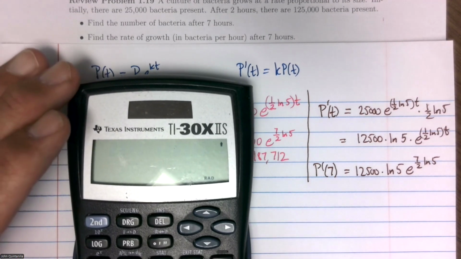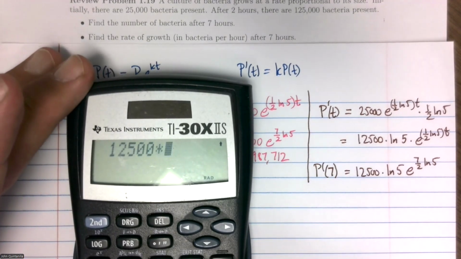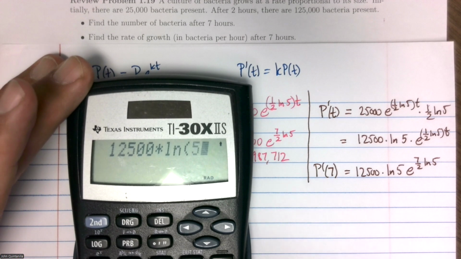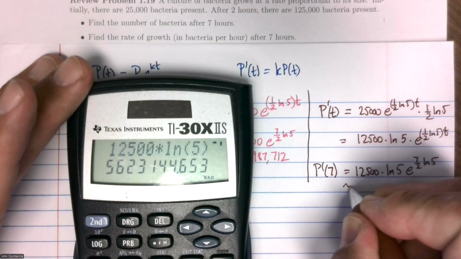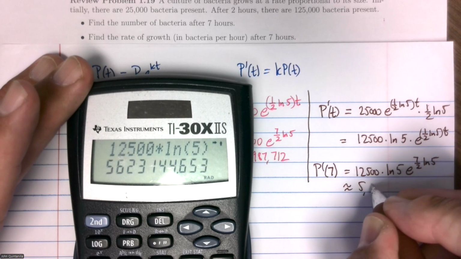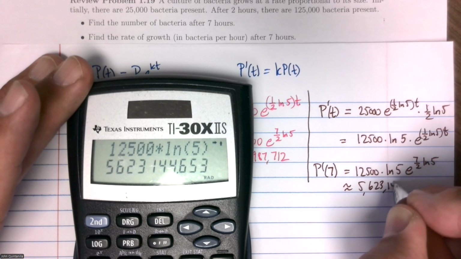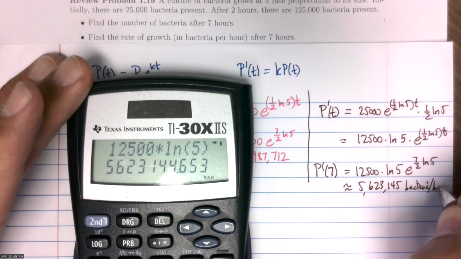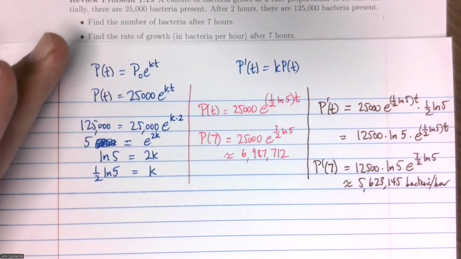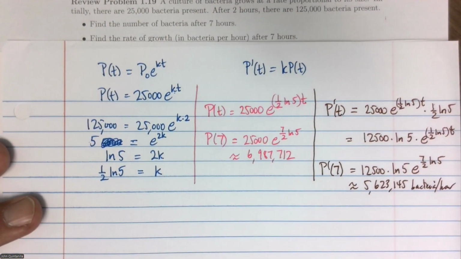So 12,500 times the natural log of 5 times e to the 7/2 times the natural log of 5. And that works out to be about 5,623,145 bacteria per hour. Okay, now that is the correct answer.